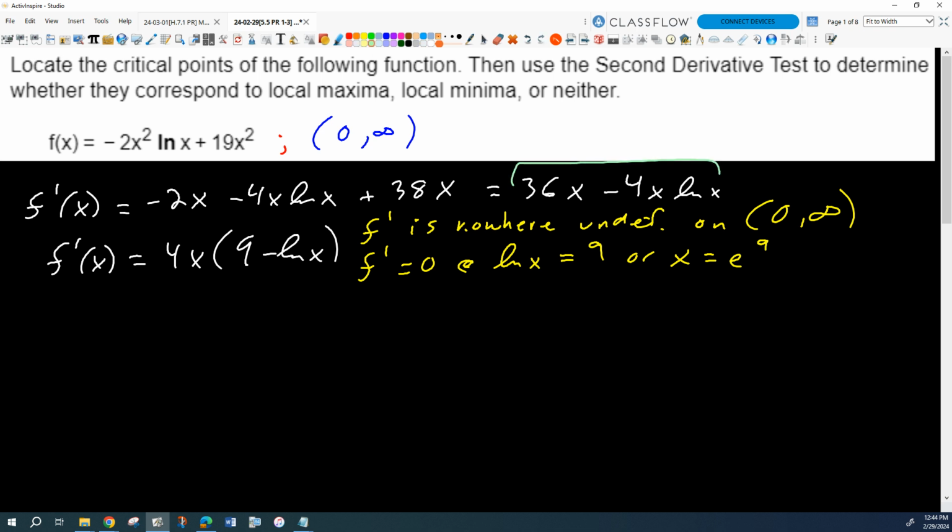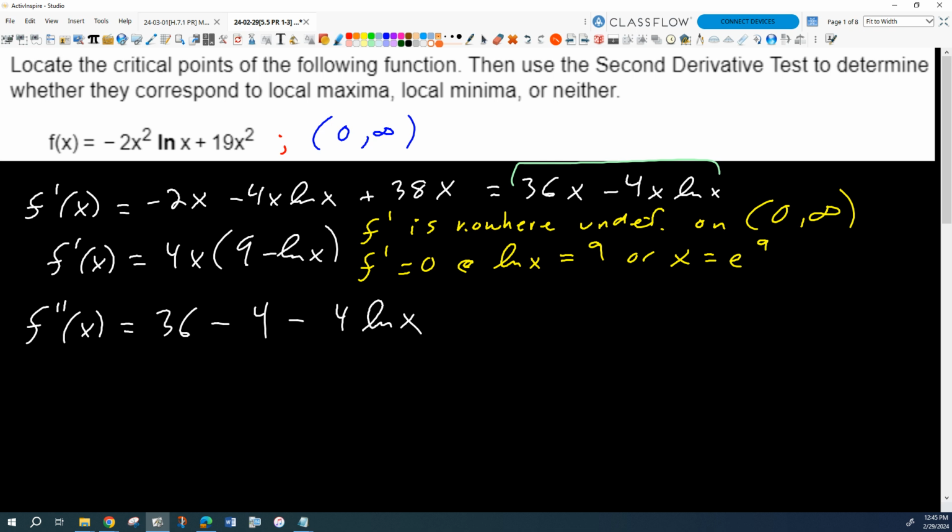Okay, so we get 36, minus 4. 4x times 1 over x, so that's just 4. Minus 4 ln x.